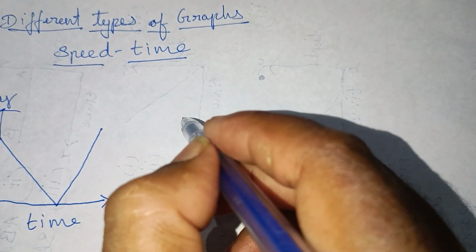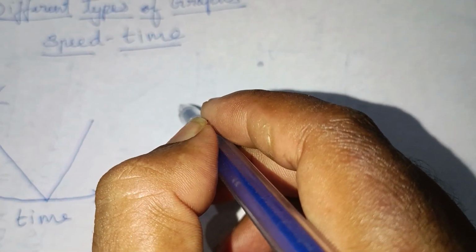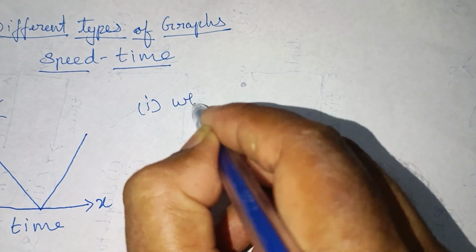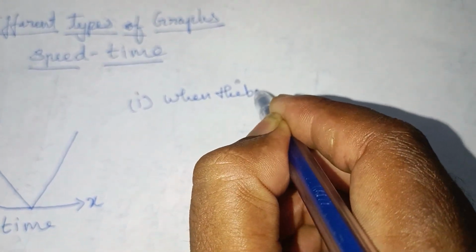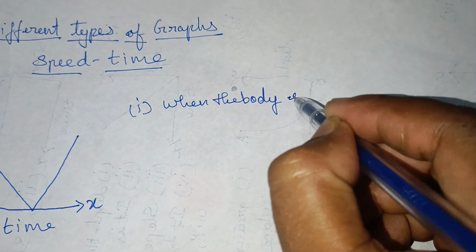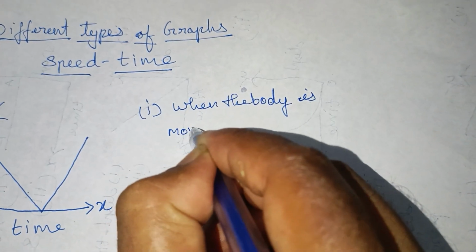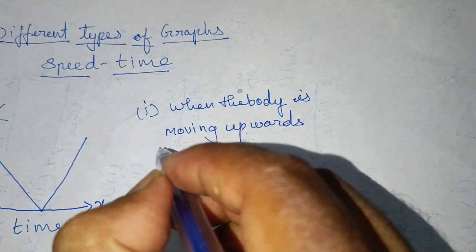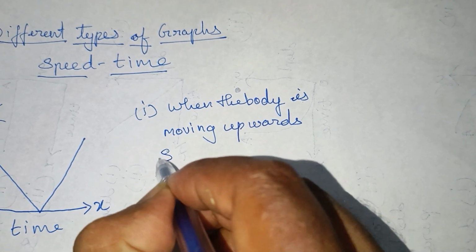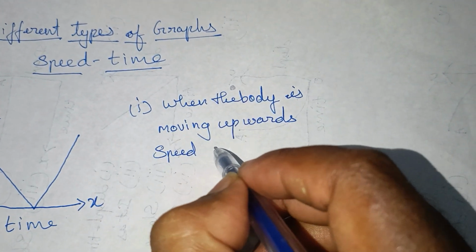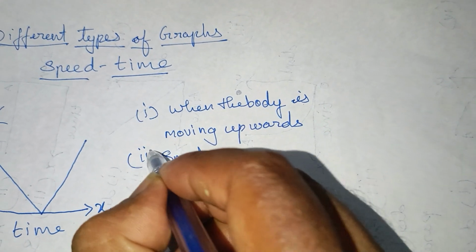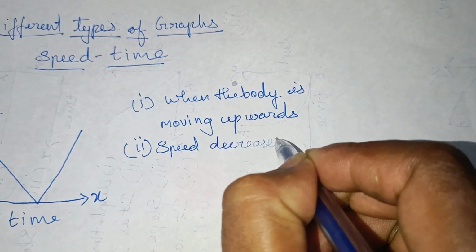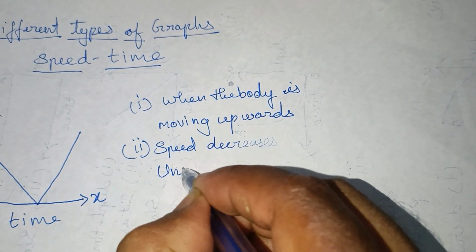The very first point we are going to talk about is when the body is moving upward. When the body is moving upward, its speed decreases uniformly, as if it is moving against gravity.